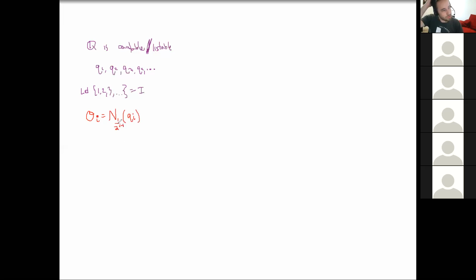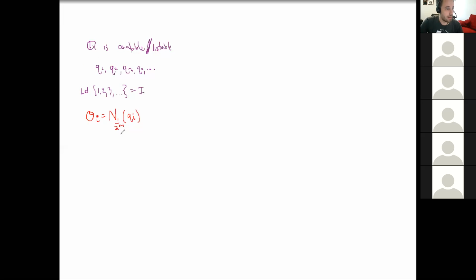So we have every single rational number in this list right here. And the open cover that I'm creating will be a neighborhood of a certain size around that point on the list.